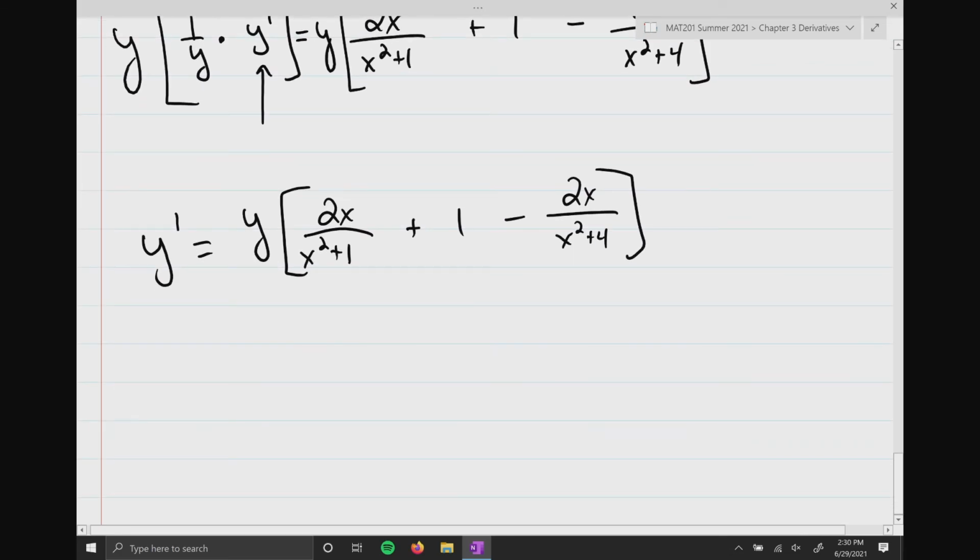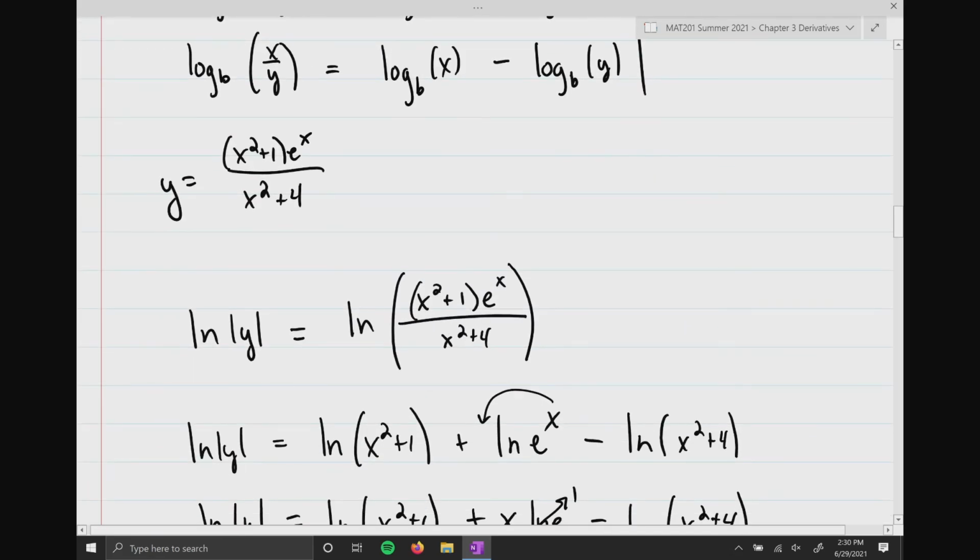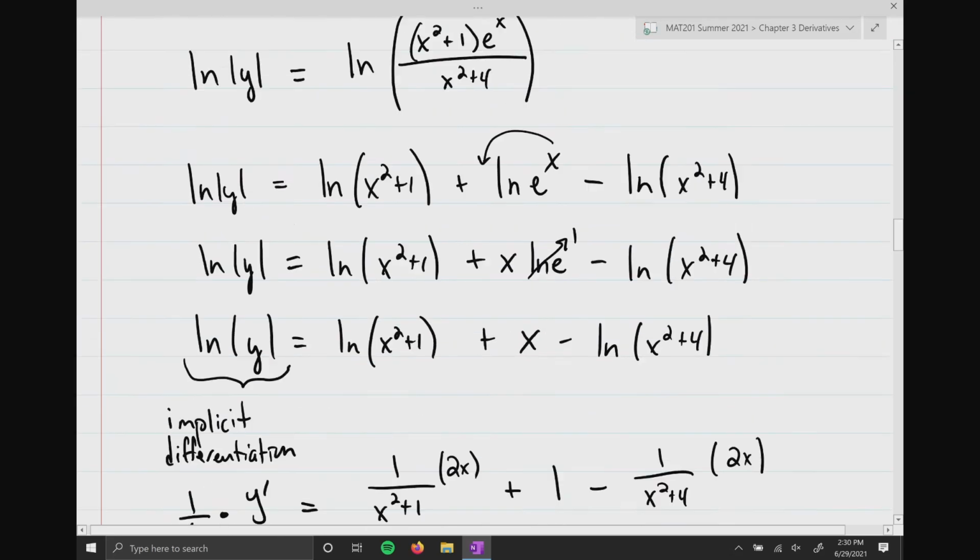And the last thing that we have to do is we know what y equals. y equaled the original function from the very start of the problem. So our derivative, and this is going to be final here, y prime equals, well, you got to remember y was the quantity x squared plus 1 times e to the x all over x squared plus 4.